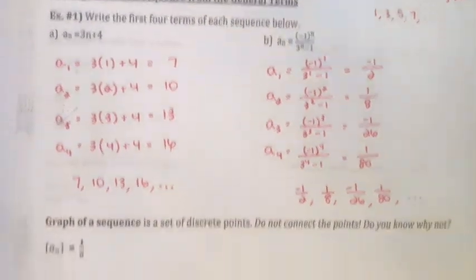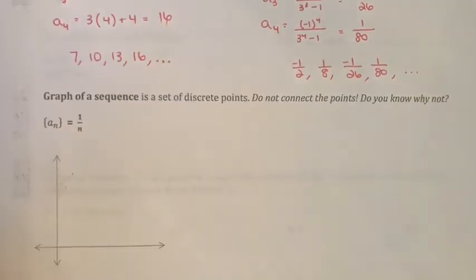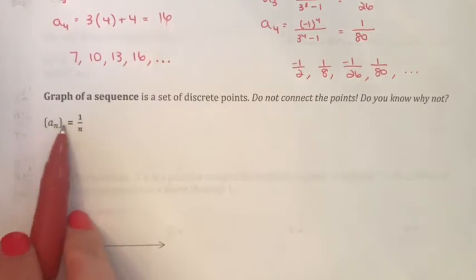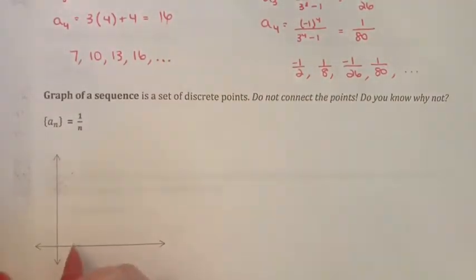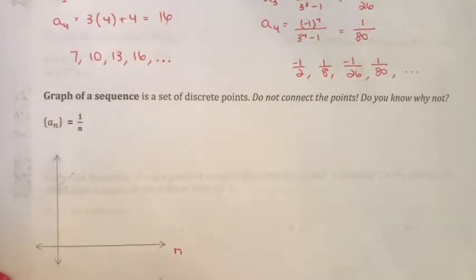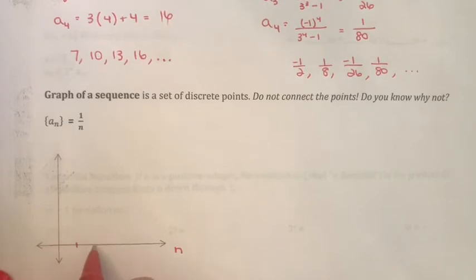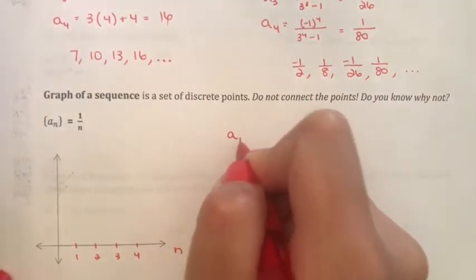All right, so what does the graph of a sequence look like? Let's say I have the sequence over here. You normally wouldn't have to have these brackets, but sometimes you see them. So let's say I want the first 4 terms. What goes on the x-axis is your term number. So if I've got my first term, second term, third term, and fourth term, let's find the first 4 terms again.